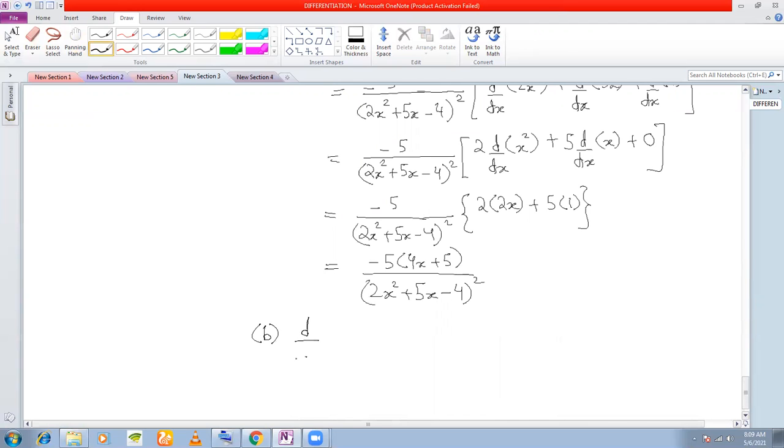Say d/dx of, you want to find out 1 by 5x² plus 3x plus 7. Want to find out this, then we follow exactly similarly. See that k here, the constant, is 1, so nothing doing here.